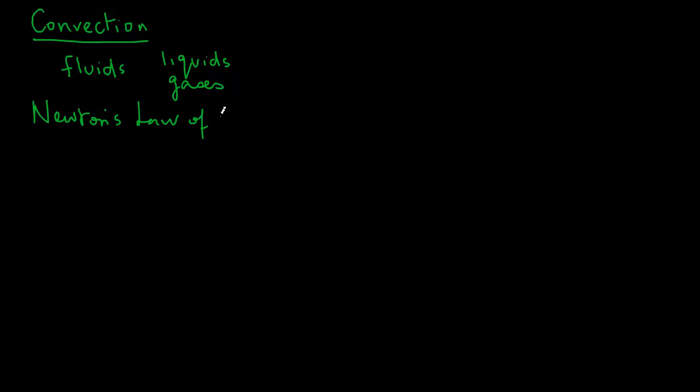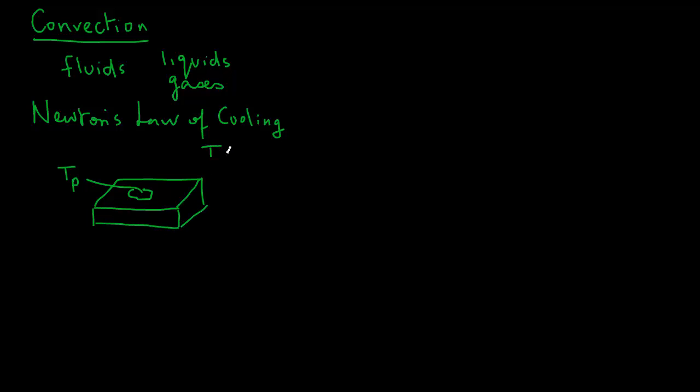Newton developed this expression in the following manner: if we have a heated metal plate which is in contact with air, and let's say the plate surface temperature is Tp, and it is surrounded by air at a temperature of T infinity, and the surface area of that metal plate is A, then the rate of heat transfer Q from the surface of the plate into the surrounding air will be Q proportional to area times the temperature gradient.